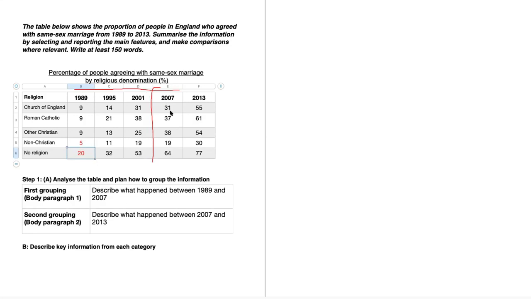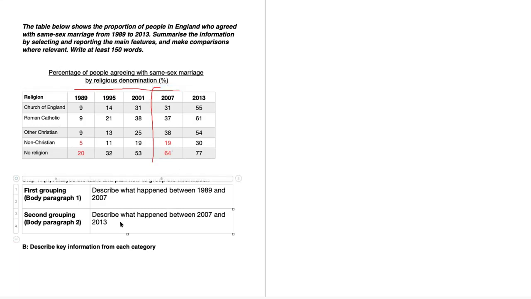So let's continue on and look at 2007, looking at the highest and the lowest percentages. The lowest is 19% for the non-Christian group, and the highest is 64% for the no religion group. And it's very interesting that it continues to be our highest and lowest points, just like in 1989.